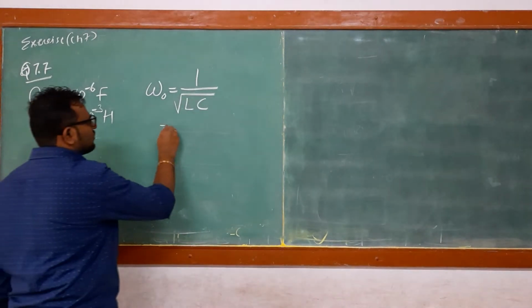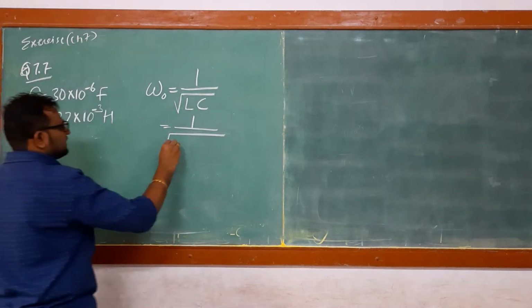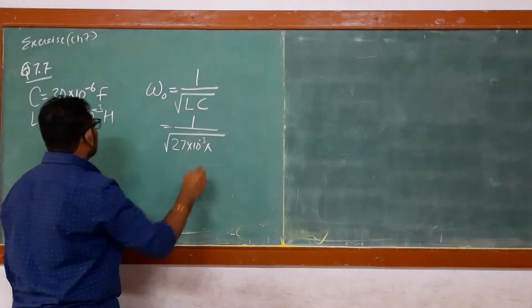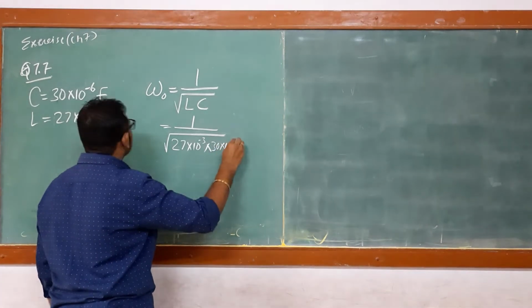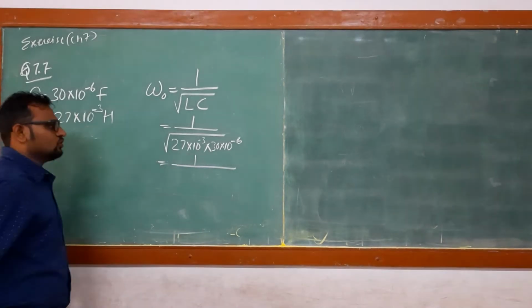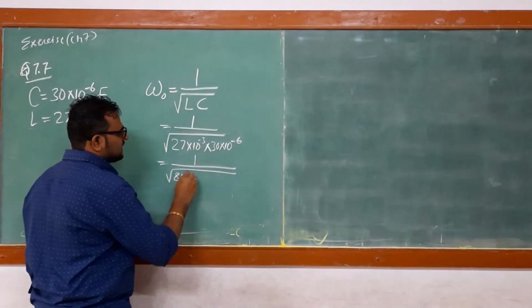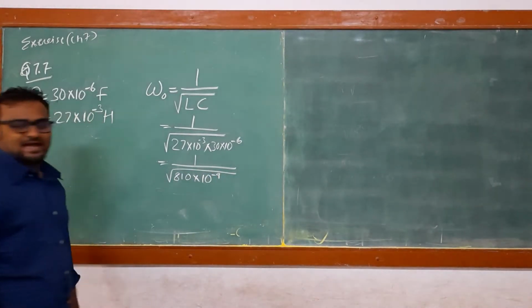So this will be equal to 1 by root of inductance, that is 27 into 10 raised to minus 3, and capacitance, that is 30 into 10 raised to minus 6. So this will be equal to under root of 27 times 30, it's 810 into 10 raised to minus 9.